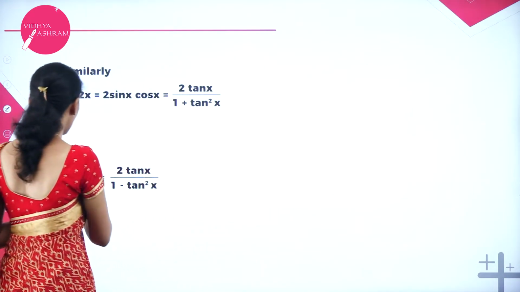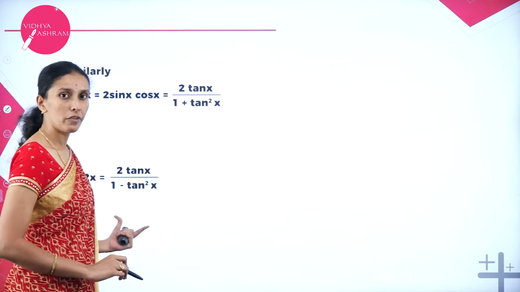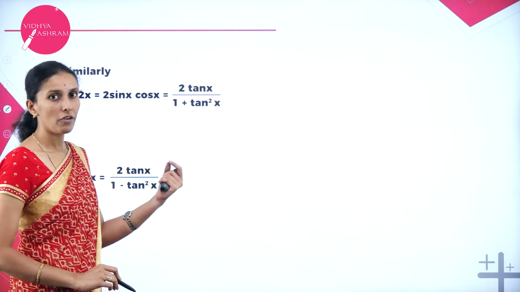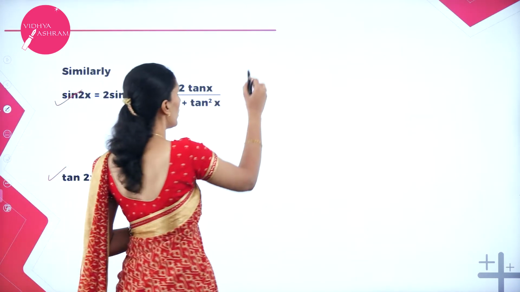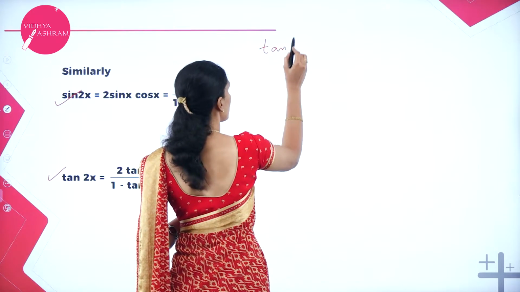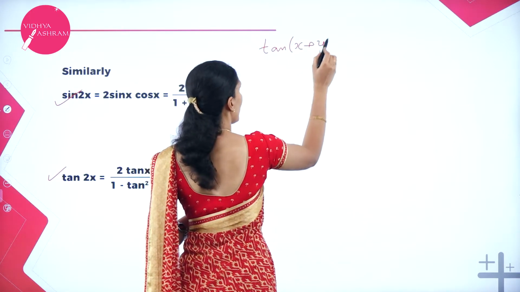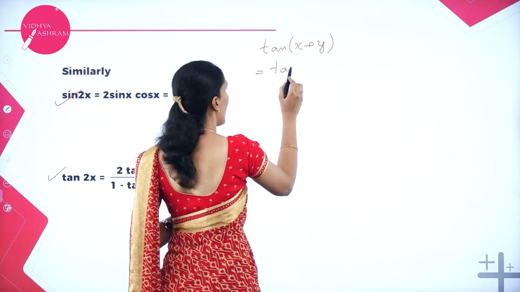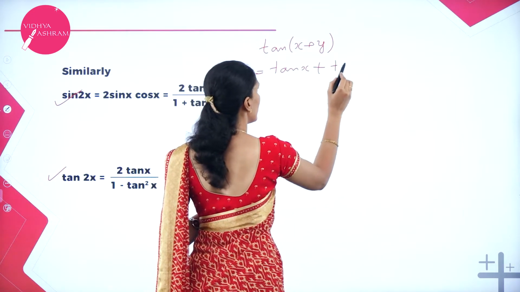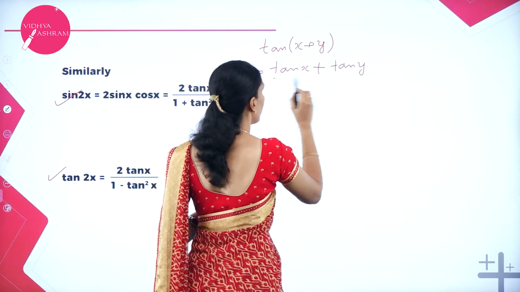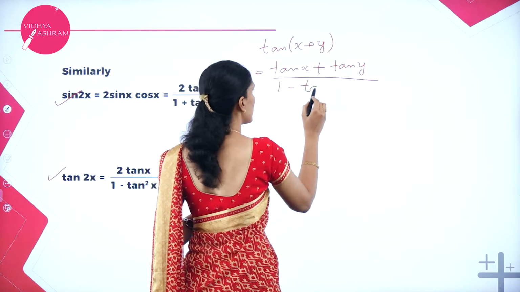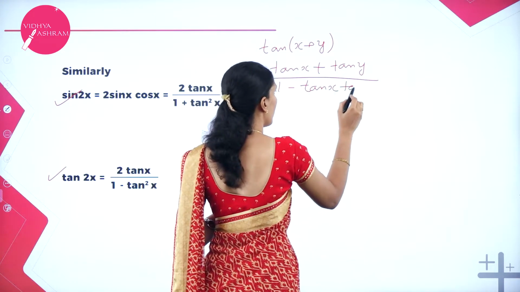Now, the next one is tan 2x. How will we get this? Using the formula of tan x plus y. What is the formula of tan x plus y? Tan x plus y is tan x plus tan y divided by 1 minus tan x tan y.